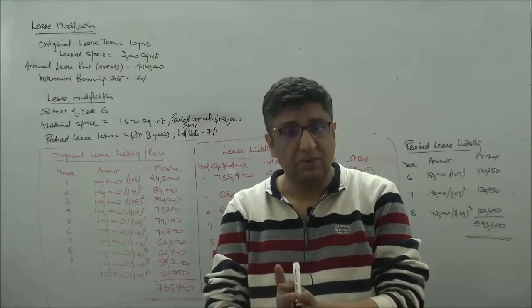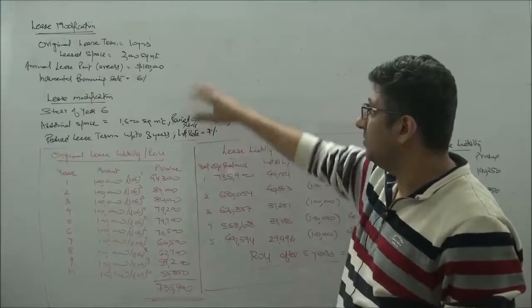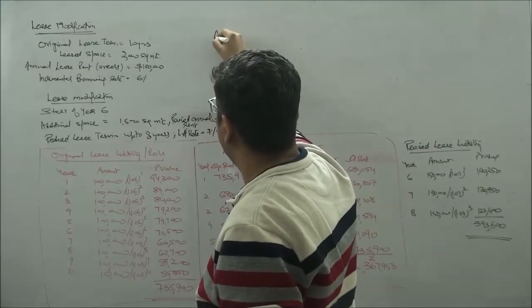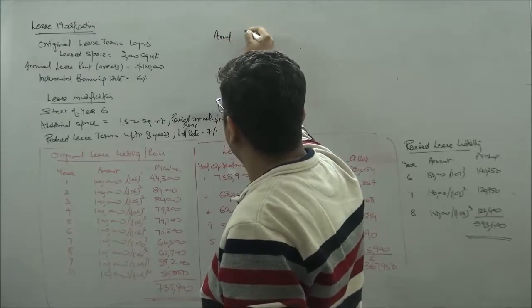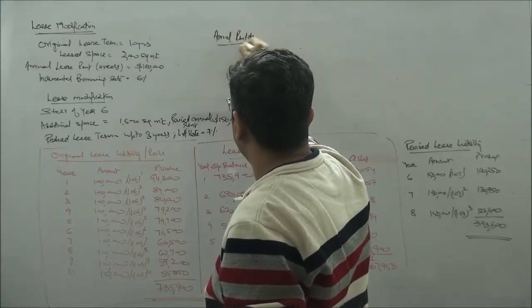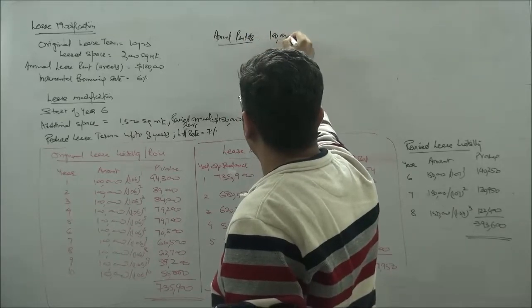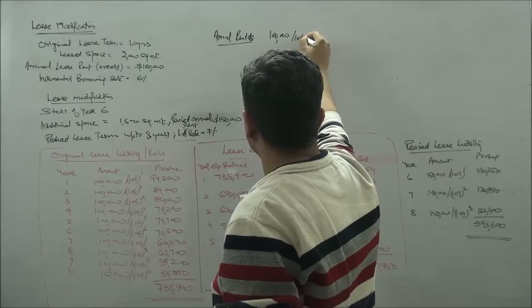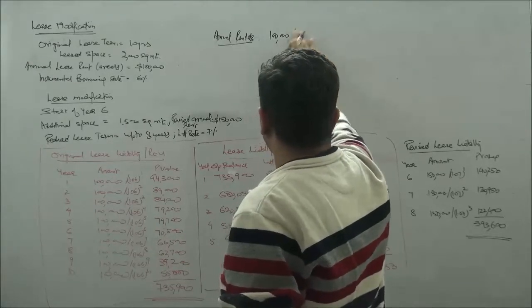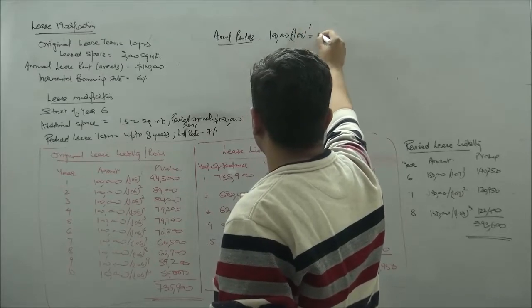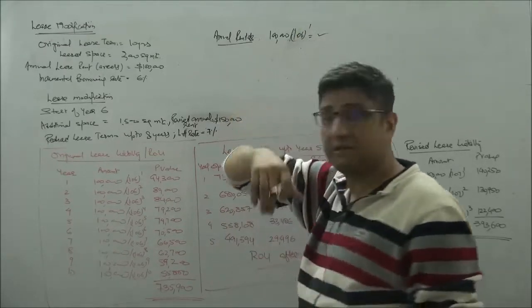So, very simply put, there are annual rentals in arrears, at the end of the year, of $100,000. For my first year's present value, I can simply divide by 1.06 to the power of 1, and it will give me some value.